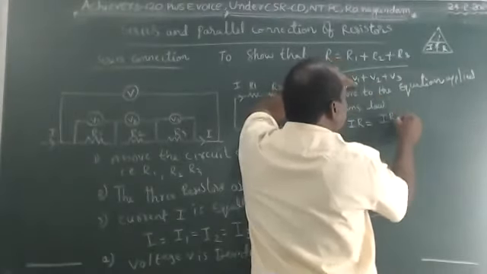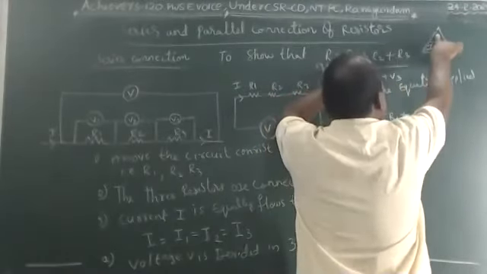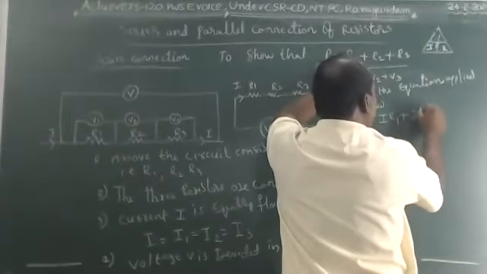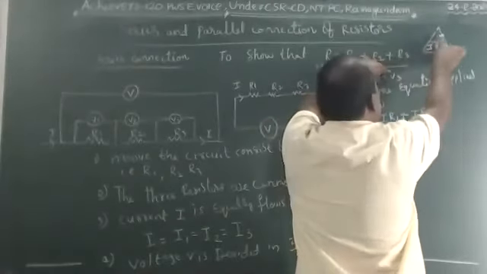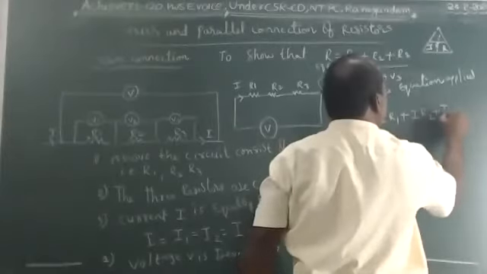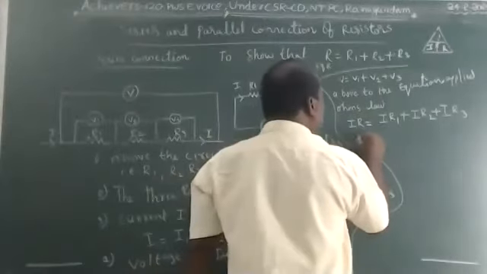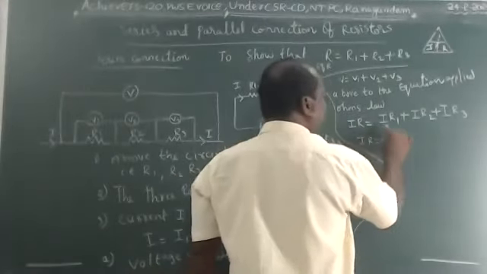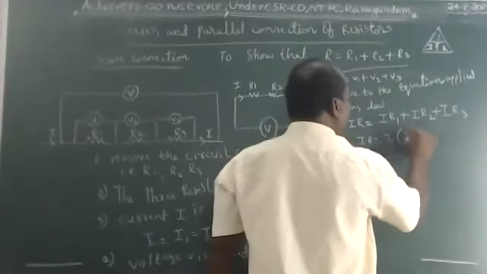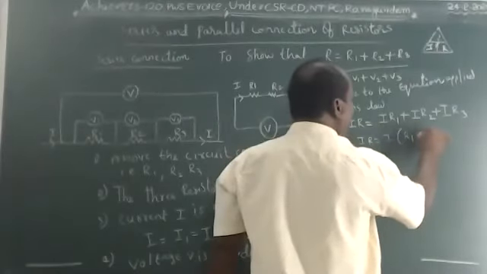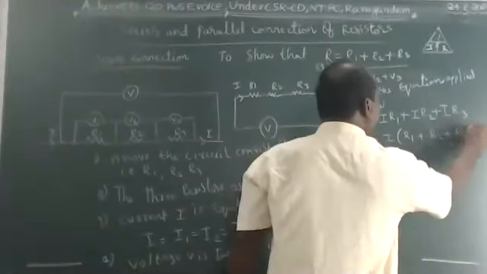Now IR equals, taking I common, children, I times R1 plus R2 plus R3.